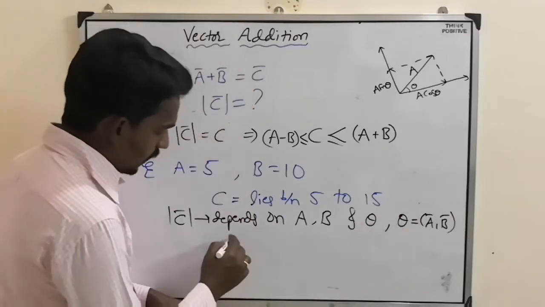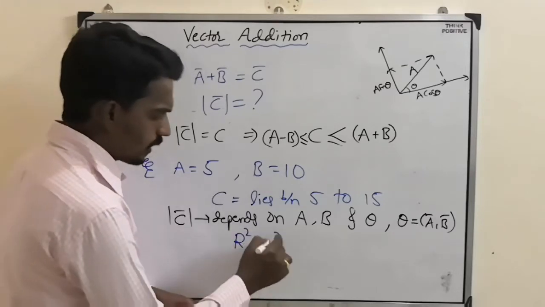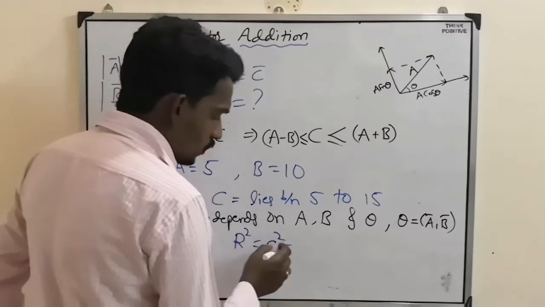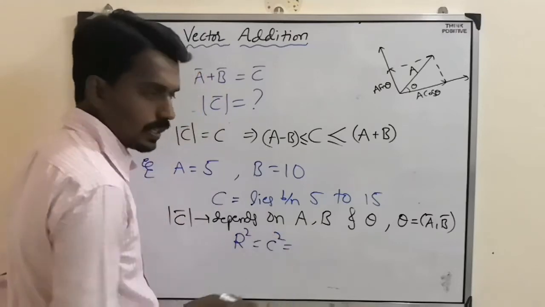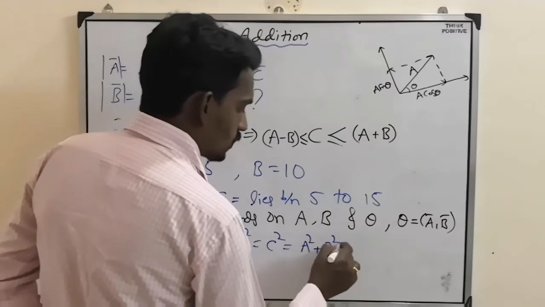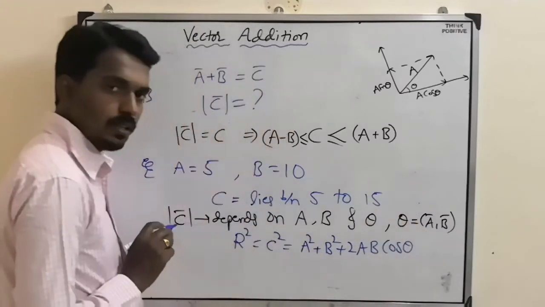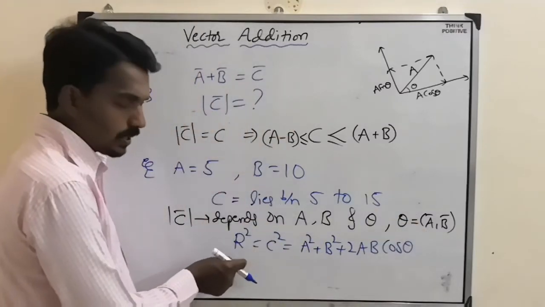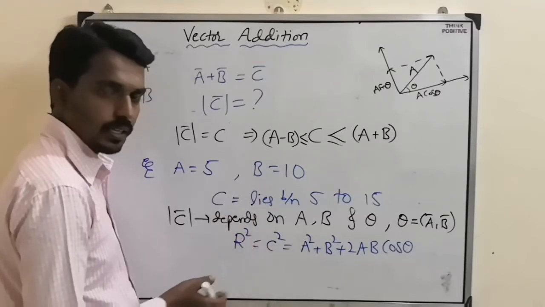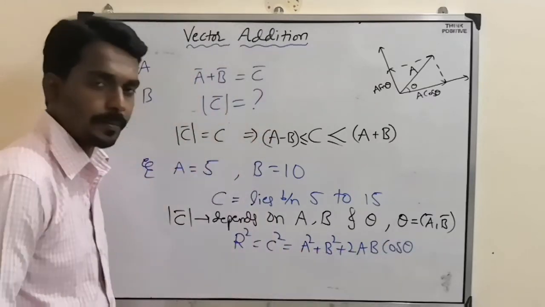Then the resultant, R square, or you can write C square, because here we are taking the resultant as C, so R or C, the representation can be anything. The value is A square plus B square plus 2AB cos theta. So the magnitude of the resultant of A and B, or addition of A and B, is nothing but A square plus B square plus 2AB cos theta.